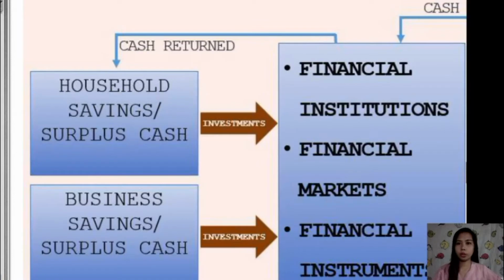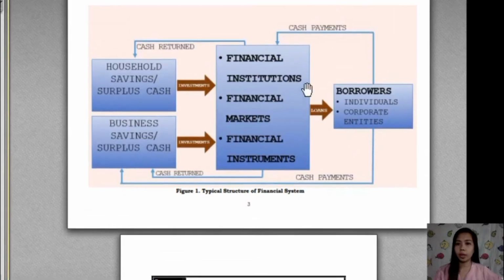So, I forgot to mention na it is also possible na ganito ang mangyari. Nalilitan ko ulit ito. So, borrowers, you have this financial institution, financial market, financial instrument, pwede na ibalik dito yung mga niloan nila. Or, pwede rin direct na cash payment sa mga nagpautang.